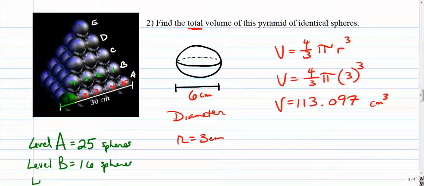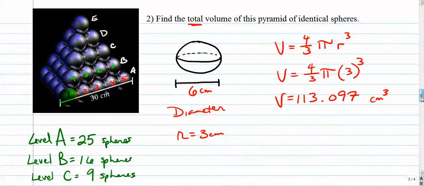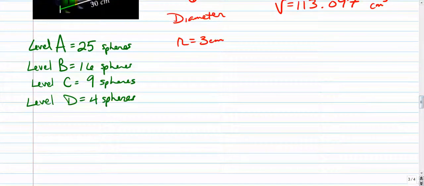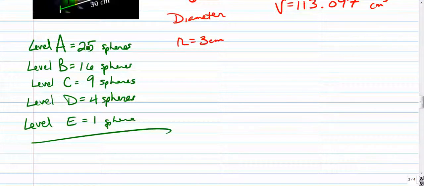Level C has 9. 3 times 3. Level D has 1, 2, 3, 4. And of course, there's only 1 at the top. Level E has just 1. So we have all together 25 plus 16.